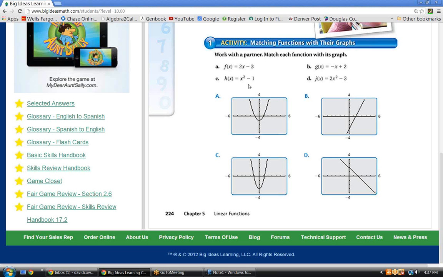It's not bad logic, but let's talk about logic of graphs for a moment. How do I know what the y-intercept is when I have a quadratic? What is x when you're on the y-intercept? When you're on the y-intercept, x is 0.